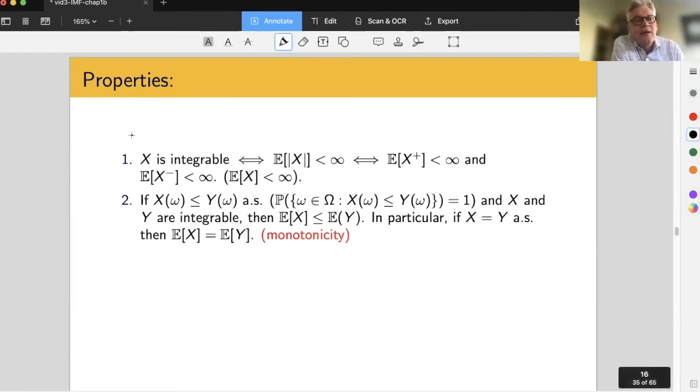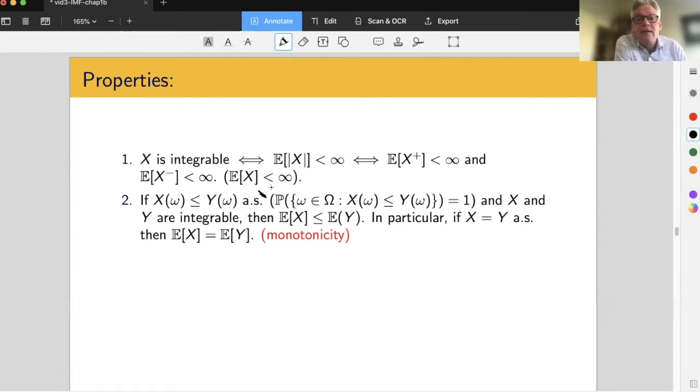Secondly, when X(omega) is less or equal to Y almost surely, and that stands for this expression over here. So written out in detail, it's over here: the probability that omega in big Omega such that X(omega) is less or equal to Y(omega) is equal to 1.